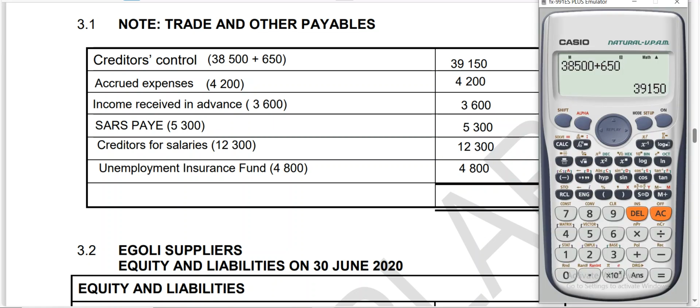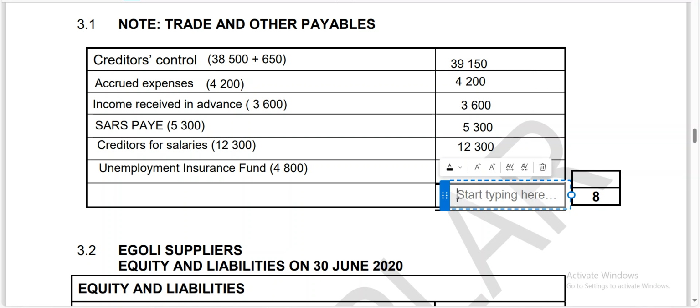Okay, so we're going to say 39,150 plus 4.2 plus 3,600 plus 5.3 and then plus 12,300 and then plus 4.8, and the total that we're getting is 69,350. So we need to check if all this is really correct.